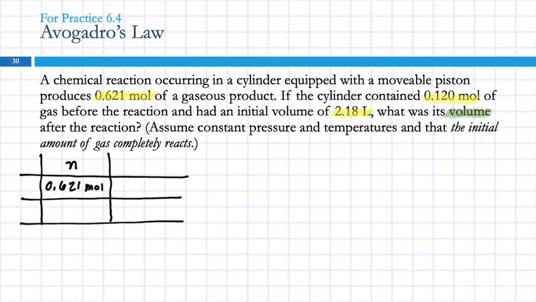If the cylinder contained 0.120 moles, so this is a different number of moles, right? 0.120 moles before the reaction and had an initial volume of 2.18 liters. So this 2.18 liter volume, which number of moles does it go with? The 0.12, right? And often those will be close to each other, contained this much before the reaction had an initial volume. So it's important to get these connected in the right way.